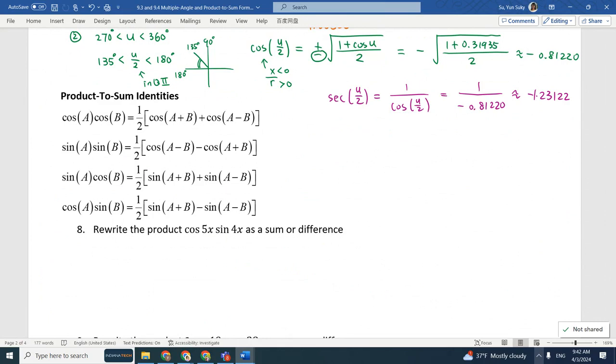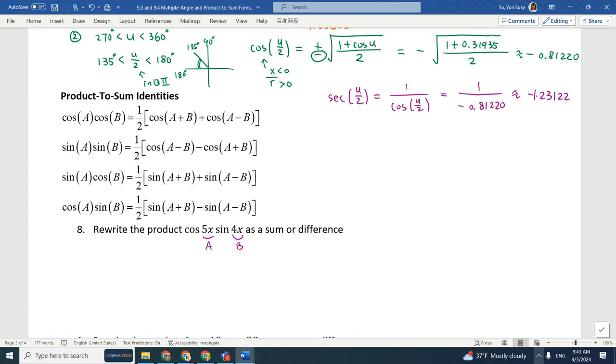Cosine sine. Which formula is cosine sine? The bottom one. So you look at the form and decide which formula to use. After you figure out the formula, you just plug in A and B. A is 5x, and B is 4x.